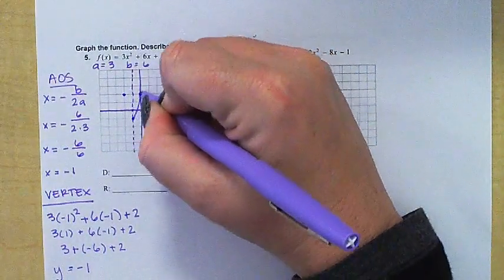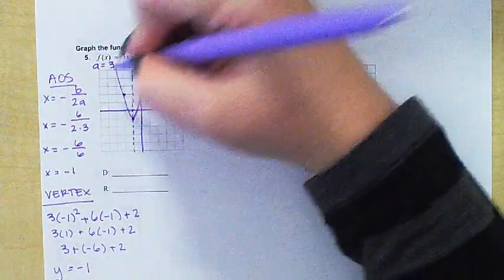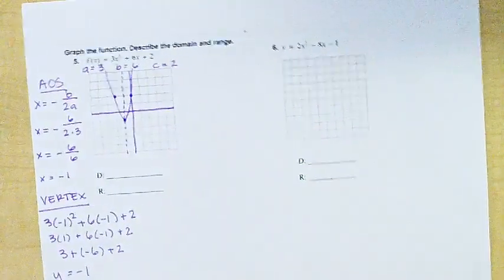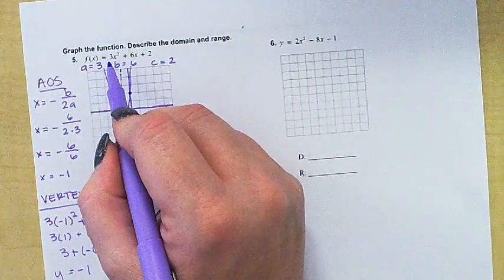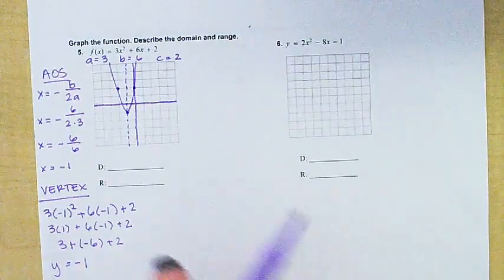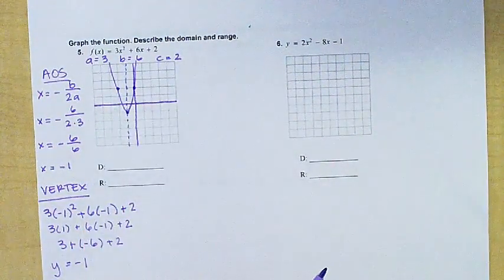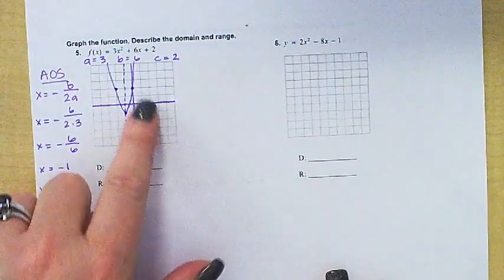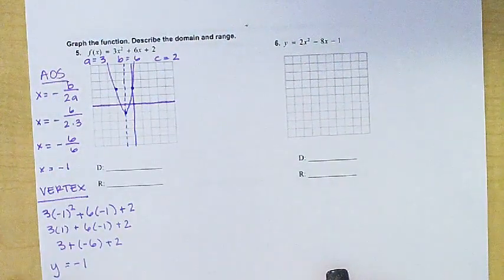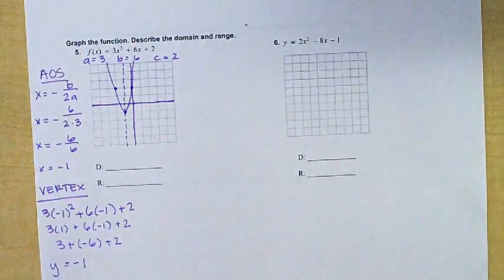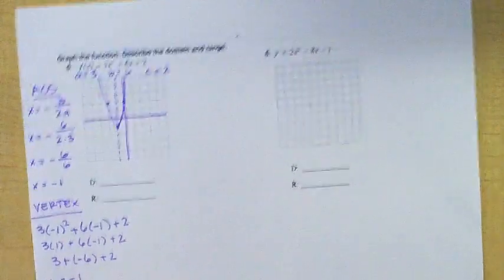And we can connect those, and there we go. So that's got to be right because that is opening up just like it says. We've got our vertex at -1, -1, and we have those 2 points there. So it might be a little bit off, but for the most part, that is the general idea of that.